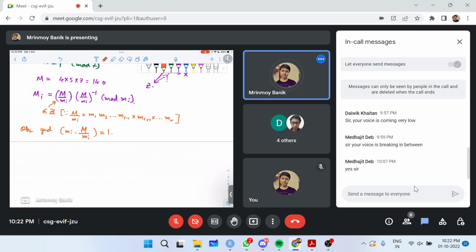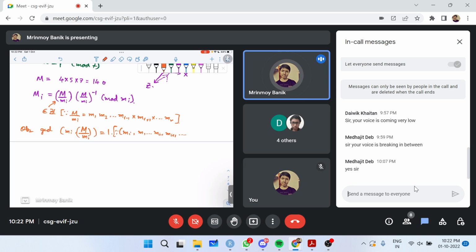Why is that so? This is because the second one contains everything except mi, and all those things are relatively prime to mi, so they can't have a common divisor. Otherwise that common divisor must divide some other mj not equal to i.